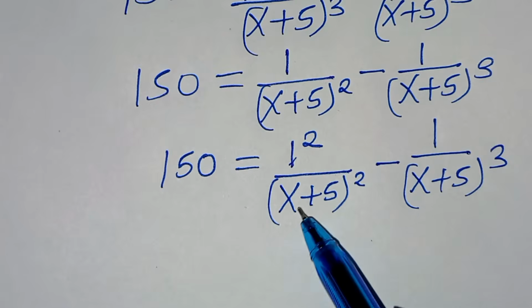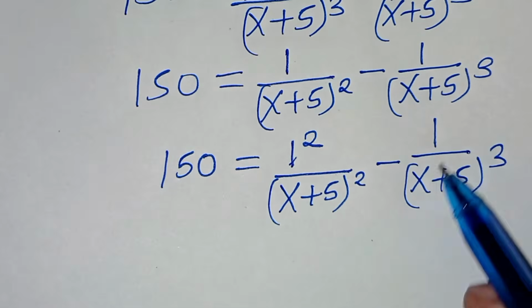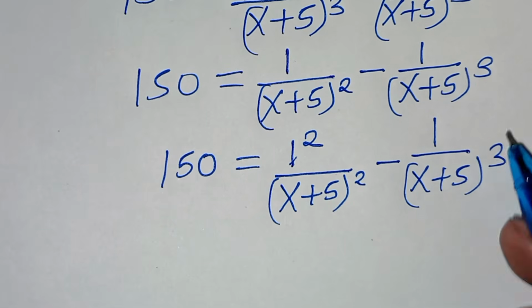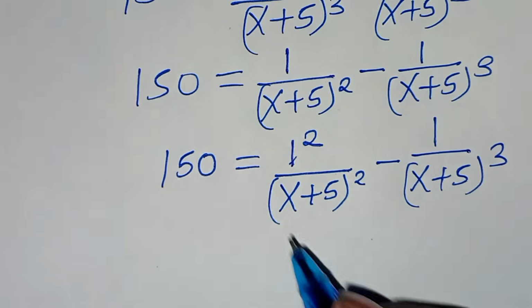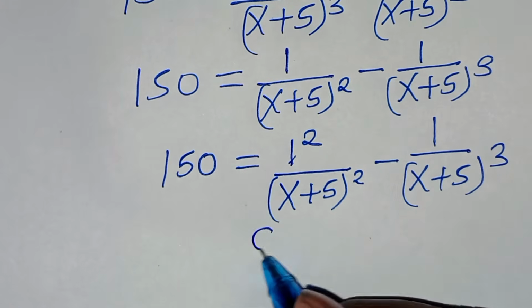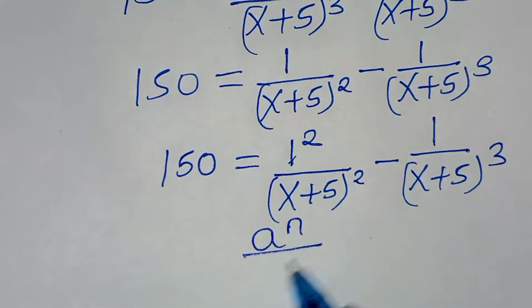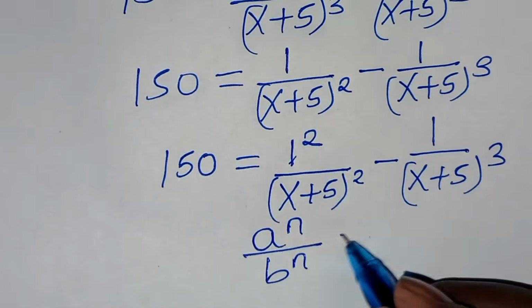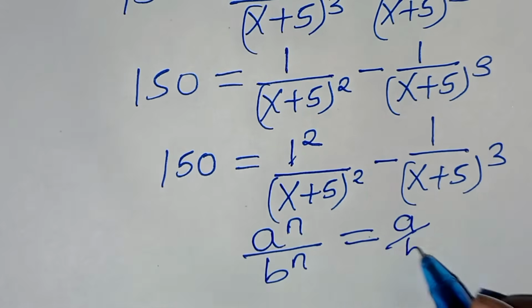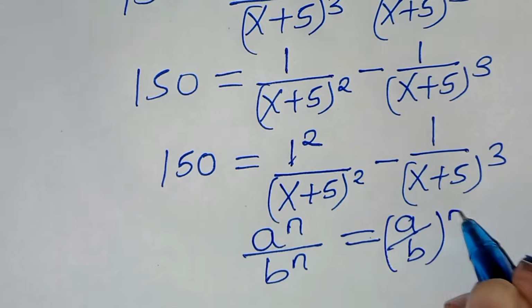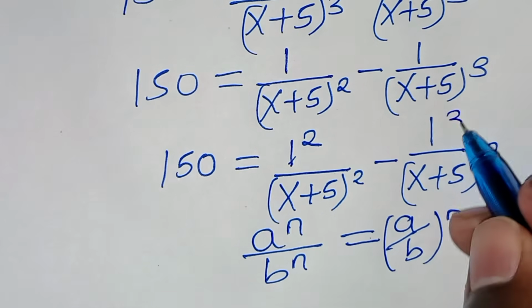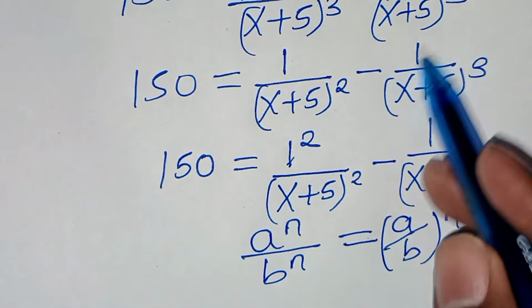We have 1 squared over (x + 5)^2 and 1 over (x + 5)^3. This is actually in the form of a^n over b^n, which we can express as (a over b) raised to power n. So we can express this as 1, since 1 to power 3 is the same thing as 1.